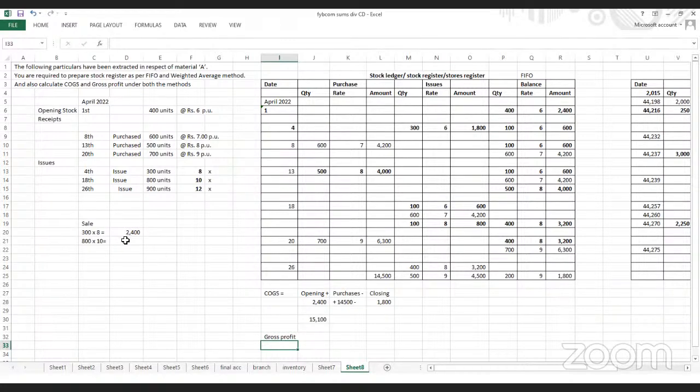So I'll continue with the sales figure. Only 3 transactions of sales are there, that is 4th, 18th and 26th. On 26th, you sold 900 units into 12.